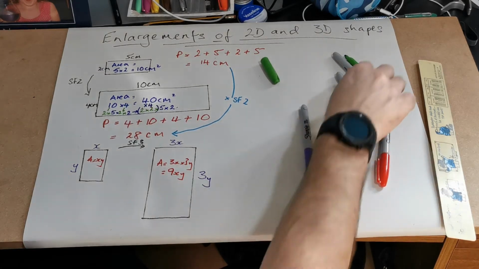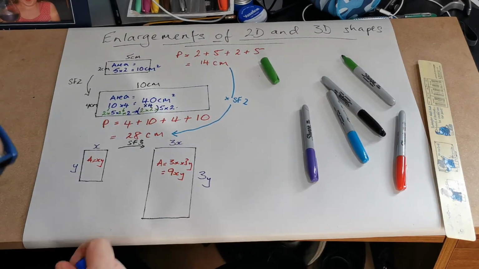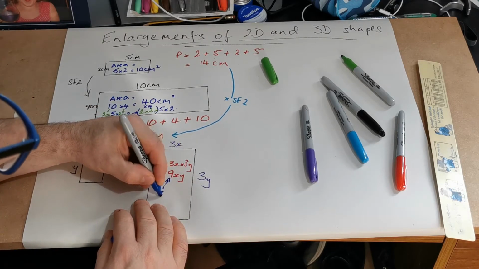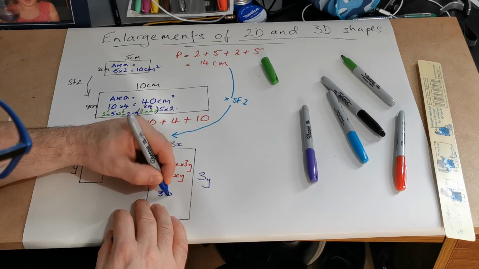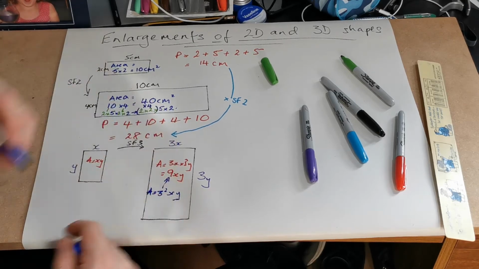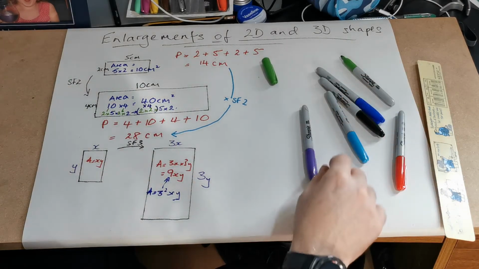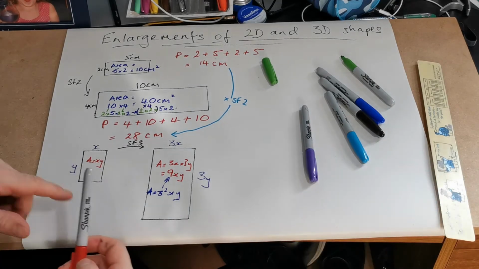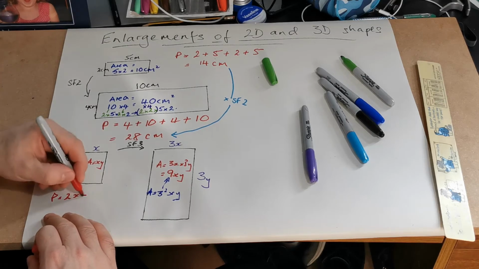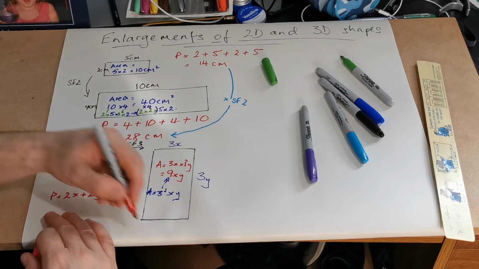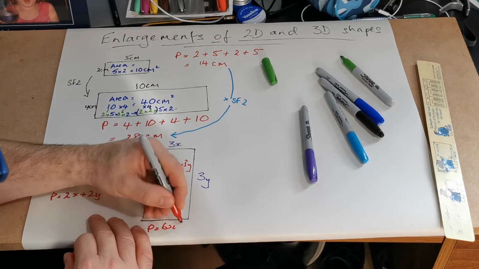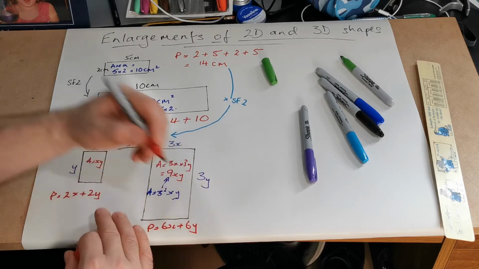And it's no surprise then that this has come from the 3 times 3, so it'll be 3 squared xy. And I think it's important to write it like that, 3 squared xy. The perimeter of this one is 2x plus 2y, and the perimeter of this one is 6x plus 6y.